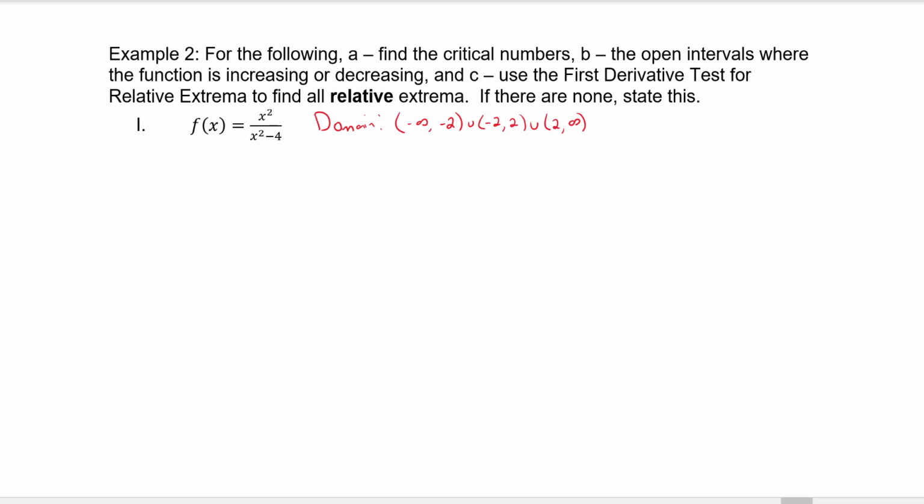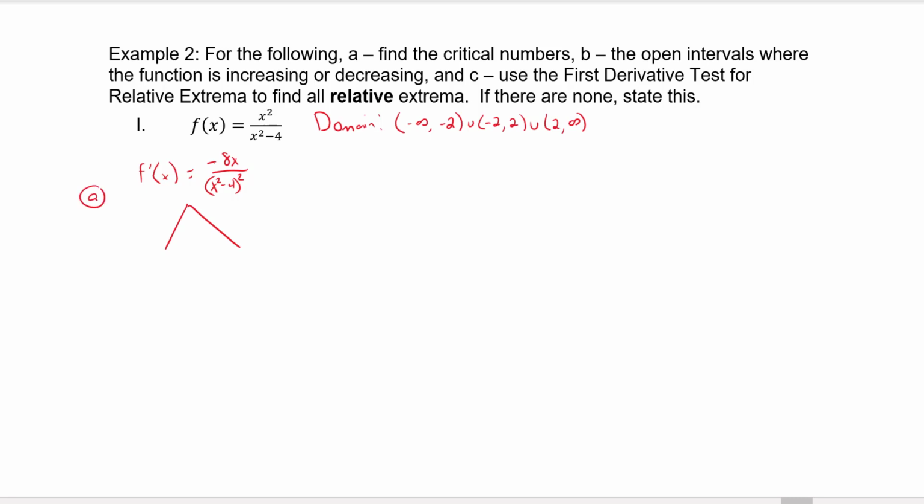All right, to find critical numbers, we need f prime of x. Using the quotient rule, which you should work through, you end up finding that f prime of x is negative 8x over x squared minus 4 squared. So from here, what do we need to consider to find critical numbers? Part A, critical numbers.